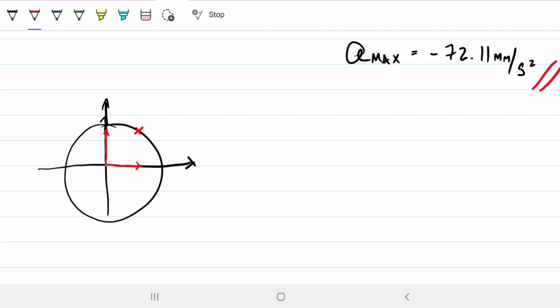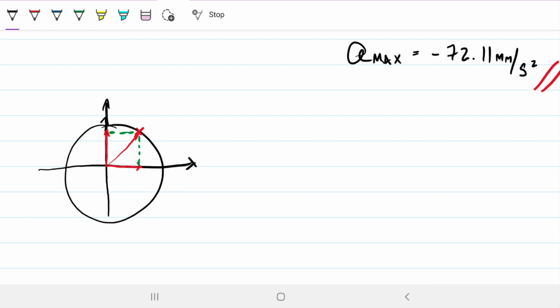And our acceleration is just going to be the hypotenuse between the two, right? That's a horrible drawing, I apologize. If we're talking about velocity, it's going to be velocity. If it's acceleration, it's acceleration.